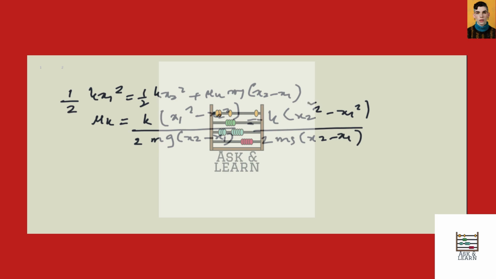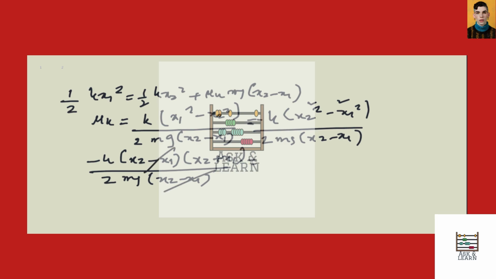Now we know that a squared minus b squared is equal to a minus b times a plus b, so x2 minus x1 times x2 plus x1, divided by 2 mg times x2 minus x1, which cancels, and we are left with this equation.